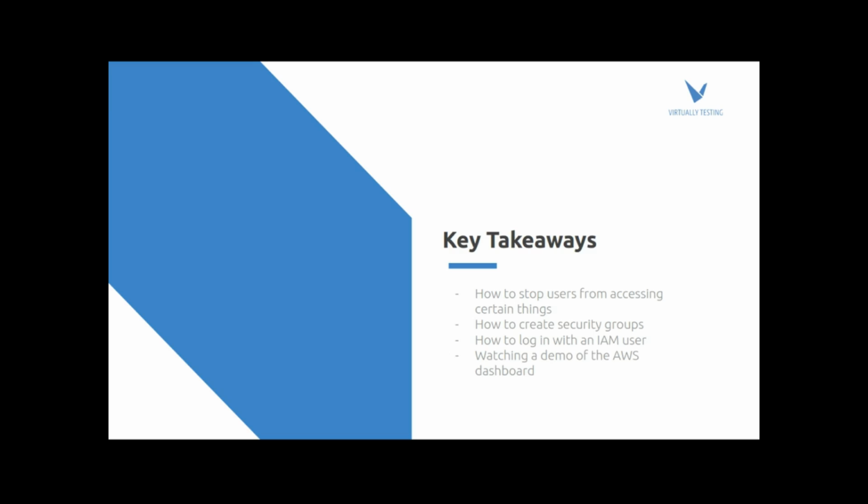And if you keep watching, you'll learn about accessing AWS with IAM users, which is different from your root user. I'll get more into that later. You'll also be able to see a demo of how the AWS Dashboard is managing the IAM roles.